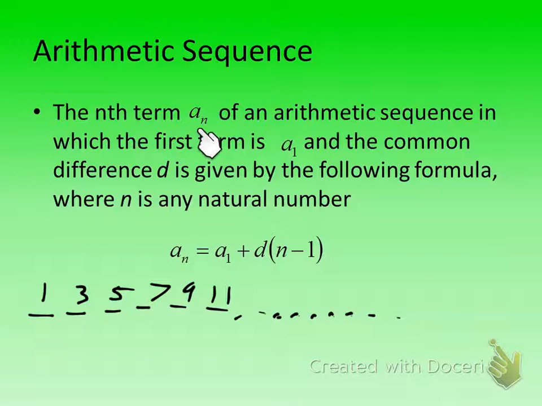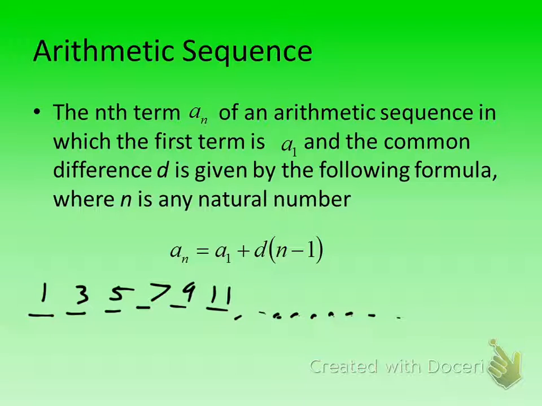This little n here will always be a number representing which place in the sequence it's talking about. So for example, if I said what's a sub 4, you all would say 7. Fourth term in the sequence: 1, 3, 5, 7. Boom, there it is. So the nth term is a sub n, which just means whatever term in the sequence you're talking about.